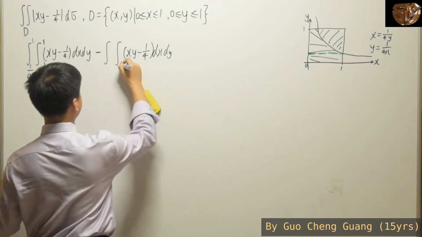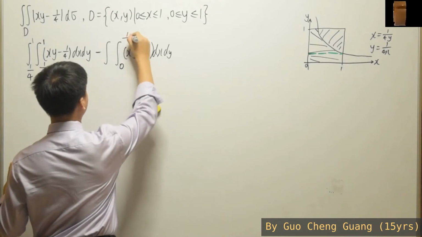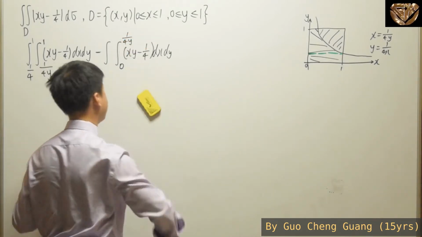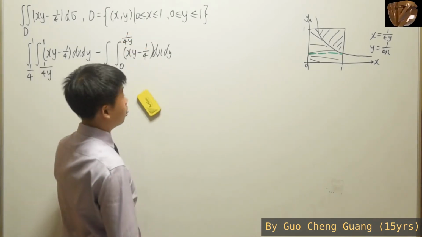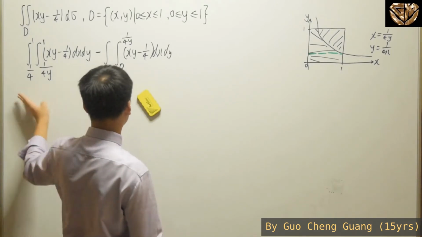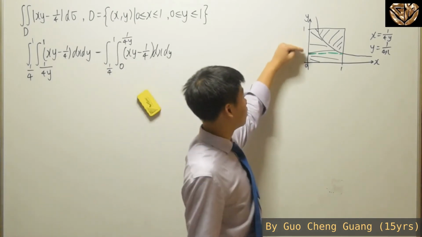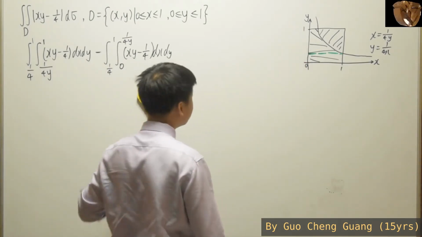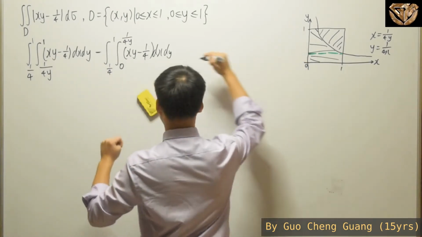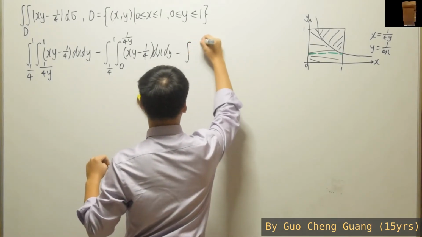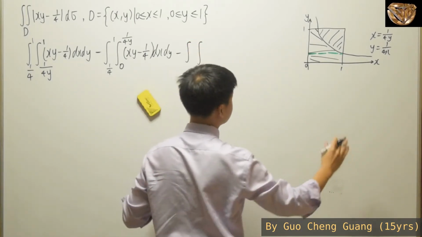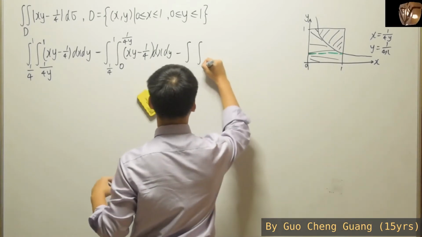That would be from 0 to 1 over 4y. And your range for y would actually be the same as the previous part, from 1 over 4 to 1, since they're pretty much the same. Now, for your last part, well, you will have your x is actually from 0 to 1.